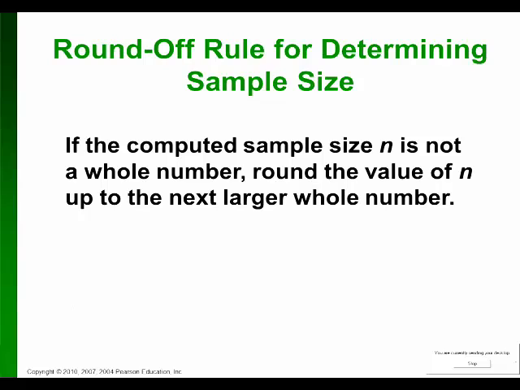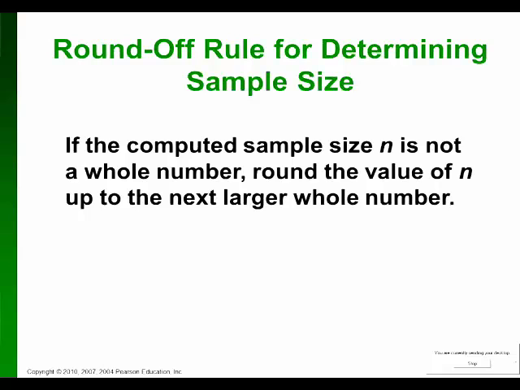What if my number turns out to be 51.1? 51.1 is the number of people I have to survey in order to be 95% confident of blah, blah, blah. If I only poll 51 people, am I going to be 95% confident? It has to be at least 51.1.